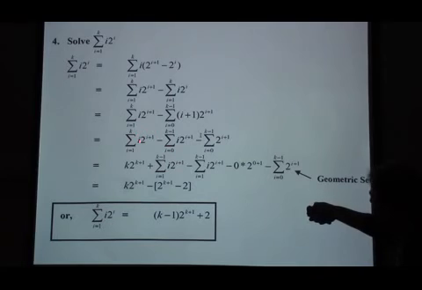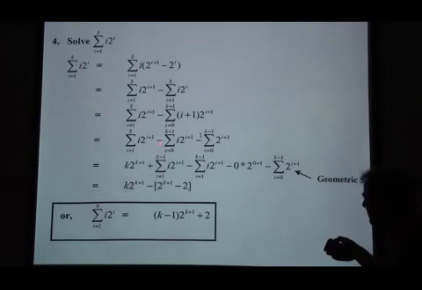And now what we have is a telescope. We have i 2 to the i plus 1, i 2 to the i plus 1. One is positive, the other one is negative. They don't have the same terms, but almost. In fact, notice this one has a k, this one doesn't. This one has a 0, this one doesn't. So this summation will contribute one term, when i is equal to k.